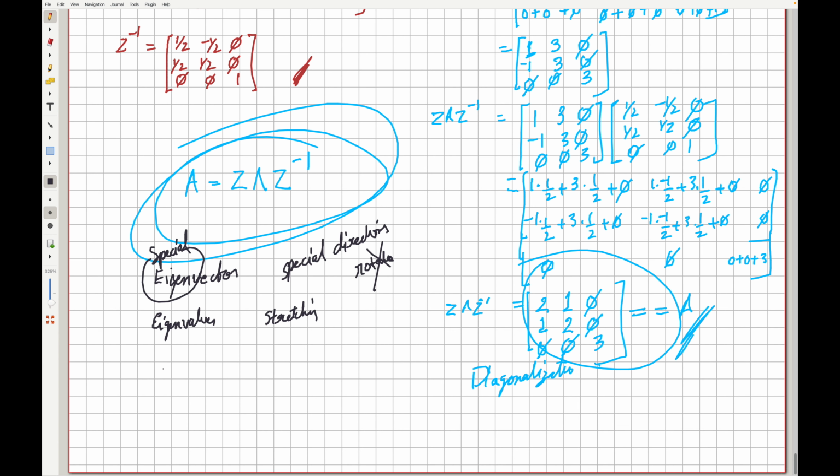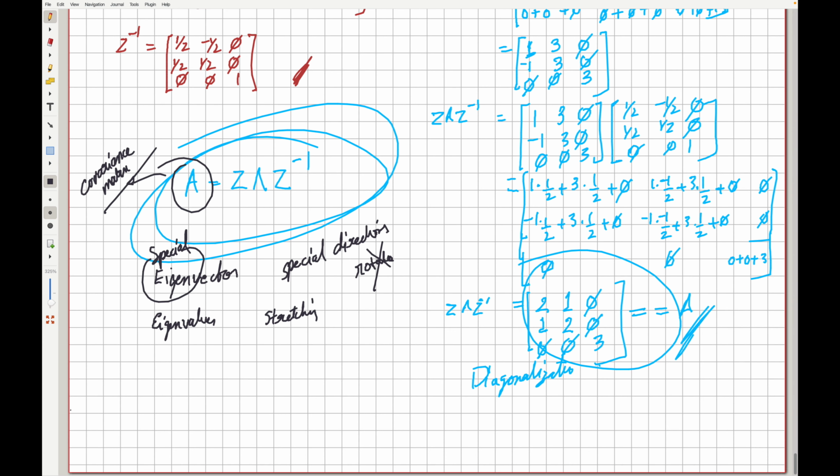And these are used in PCA. So in PCA, this A that we have would be a covariance matrix. And so covariance matrices give PCA directions using these eigenvectors. Rotation matrices, those tell why sometimes there are no real eigenvectors.